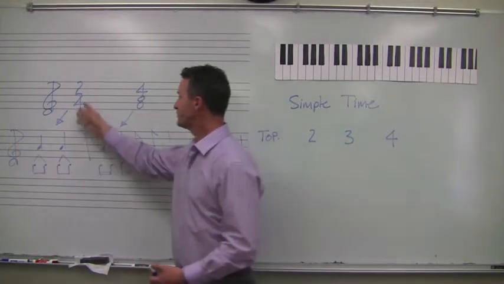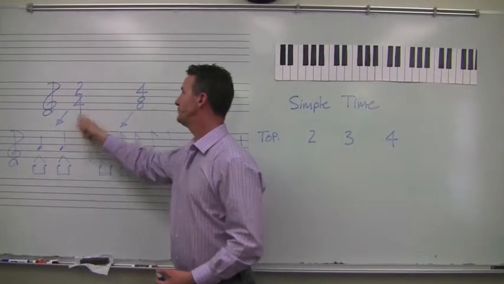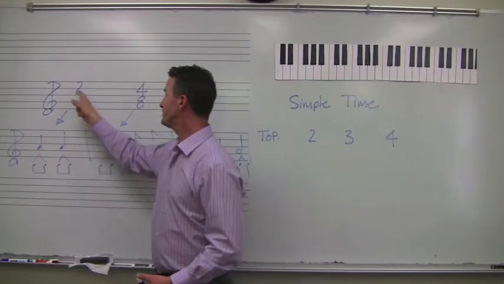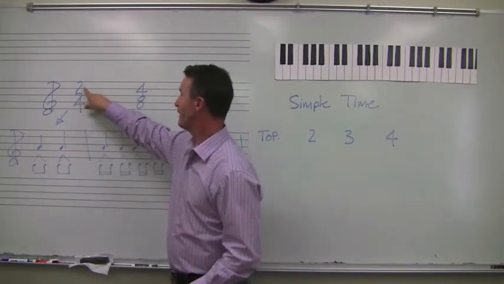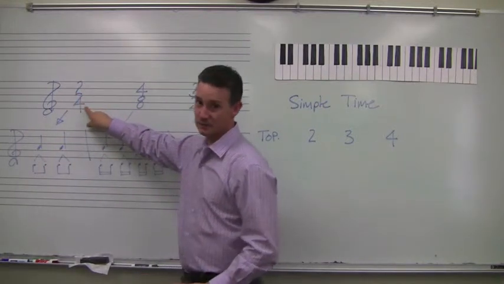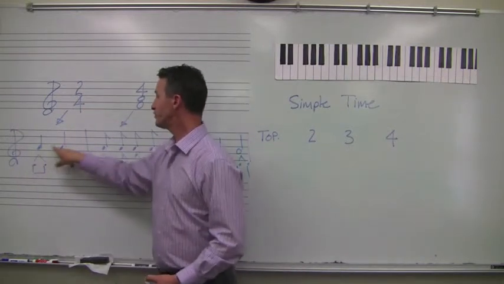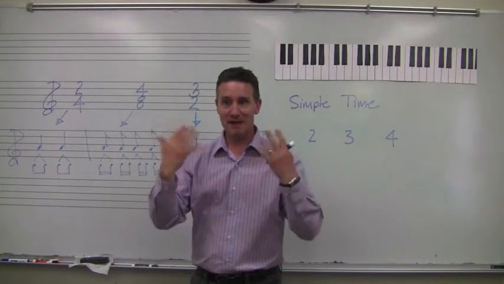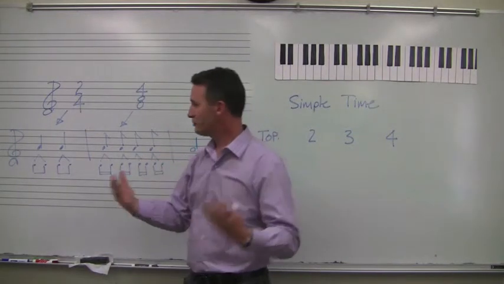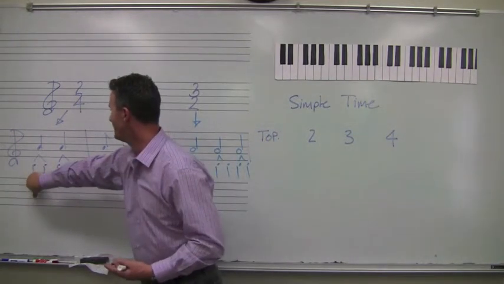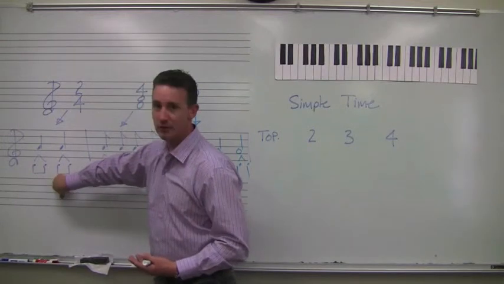If this first measure is a measure of 2, 4 time, then we read the time signature: we have 2 quarter notes in the measure. There are the 2 quarter notes. Hopefully mathematically we can see that those quarter notes could easily be divided into 2 eighth notes.